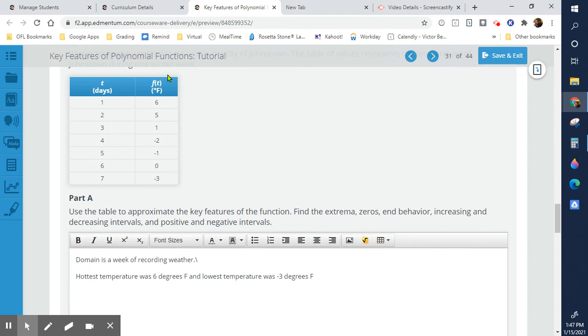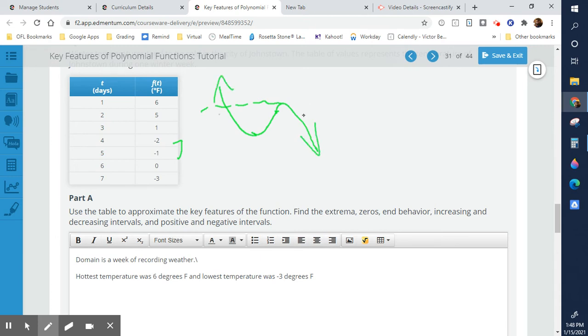If we're talking about the middle, this is decreasing until we get to this 0, and then it decreases until like somewhere between 4 and 5. So let me kind of draw a graph. So it's decreasing, and then somewhere between 4 and 5, because this is a -2 and then goes back to -1, it starts to increase. It's going to touch that 0 and then come back down again.